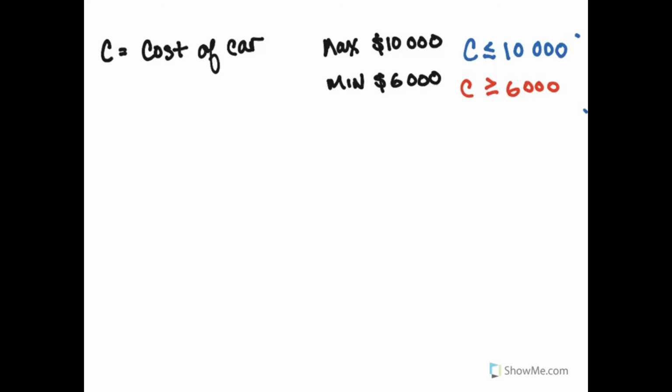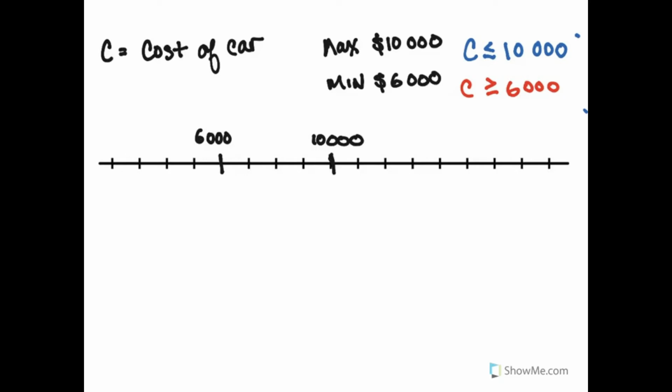If we write the price range that we've decided on as two separate inequalities, we can see joining them into a compound inequality with AND or OR. If I graph the inequality C is less than or equal to 10,000 on the number line, I'm going to include 10,000 and shade numbers that are less than 10,000.